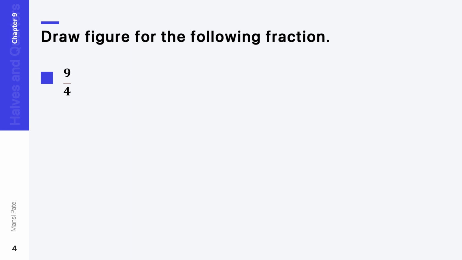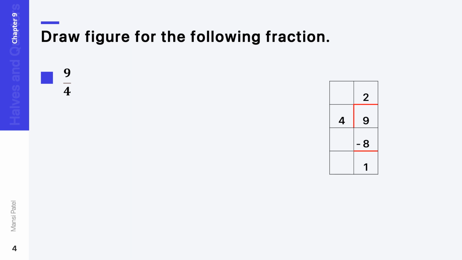So this fraction is known as an improper fraction. So let us see first how to convert an improper fraction into a mixed fraction. So 9 upon 4 is equal to, we can say, 9 divided by 4. Now in the table of 4, is there a 9? No. So we take the number less than 9.